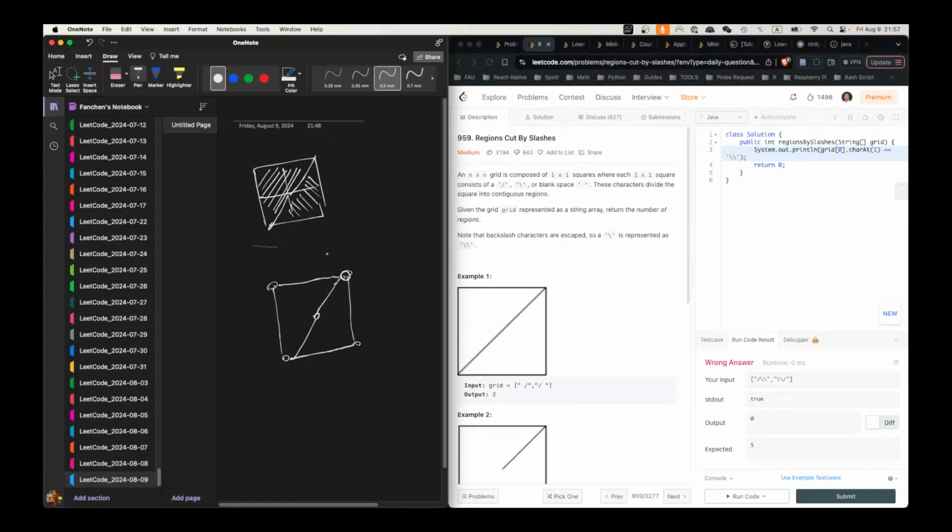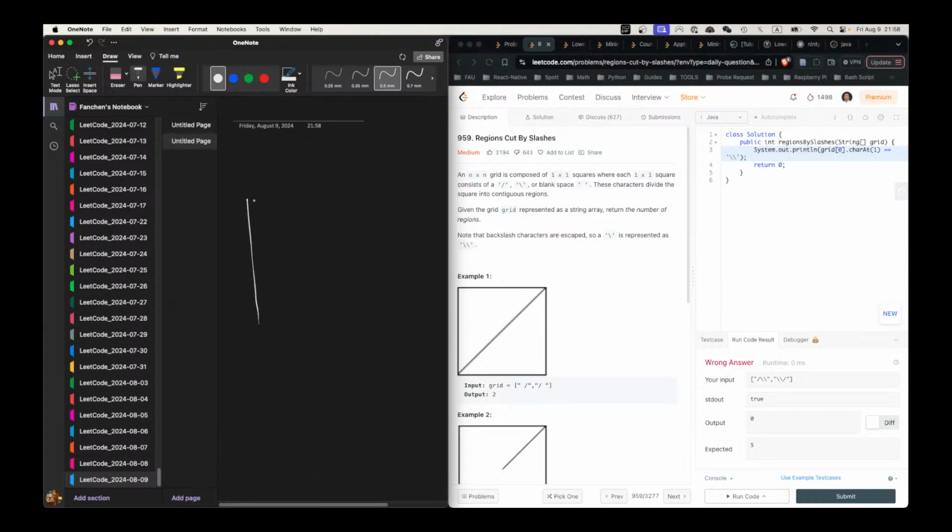Let me see. Is everything connected? Oh, not necessarily. Let's try a 3x3. If we have something here, then we have this node and this node. Then we have this node, this node, this node, and this node. And if I have this, it still doesn't work, right? But it's possible, so we just get a little bit bigger.